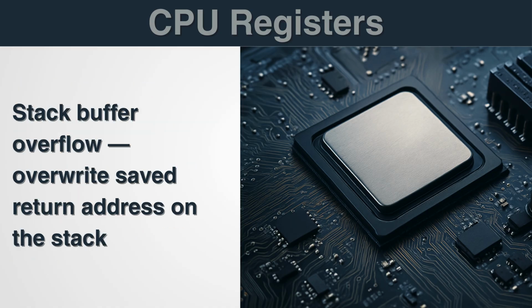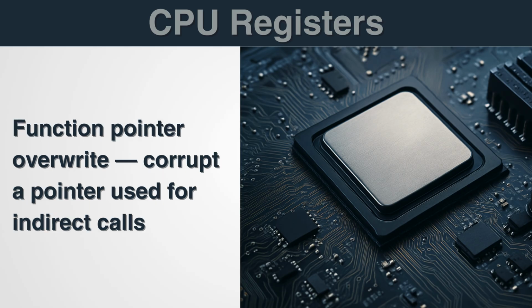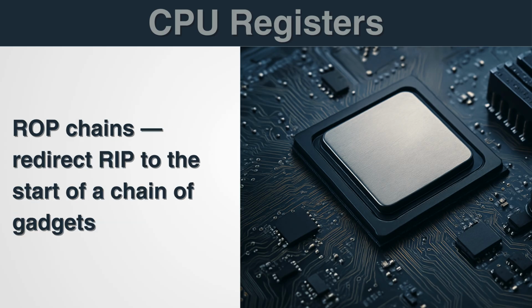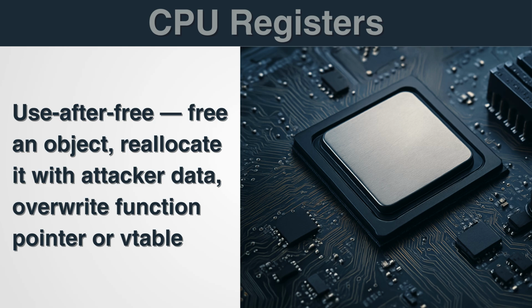People commonly achieve RIP control with stack buffer overflow, overwriting the saved return address on the stack; with function pointer overwrite, corrupting a pointer used for indirect calls; with ROP chains, as we mentioned many times here, redirecting RIP to the start of a chain of gadgets; and with use after free, by freeing an object, reallocating it with attacker data, and overwriting function pointers or vtables.